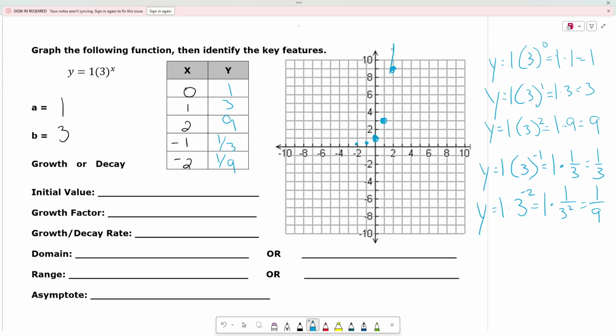So my graph looks like this right here. It's coming down here, and it's going to approach the x-axis, but it will not touch the x-axis. That is what we call an asymptote here.